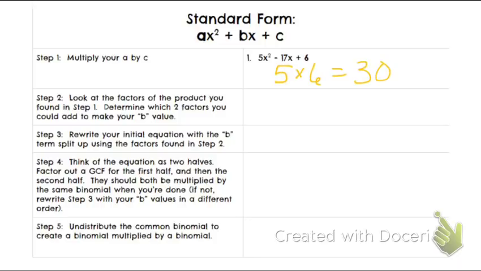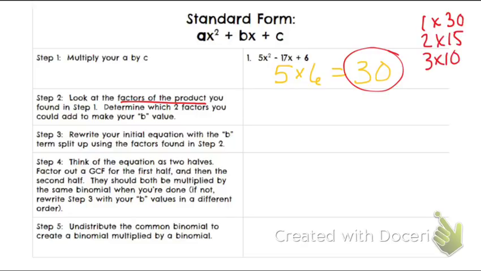Okay, now I'm going to change my pen color here. Step 2 says look at the factors of the product you found in step 1. So factors of 30: 1 times 30, 2 times 15, 3 times 10, 5 times 6. Determine which two factors would add to make your b value.